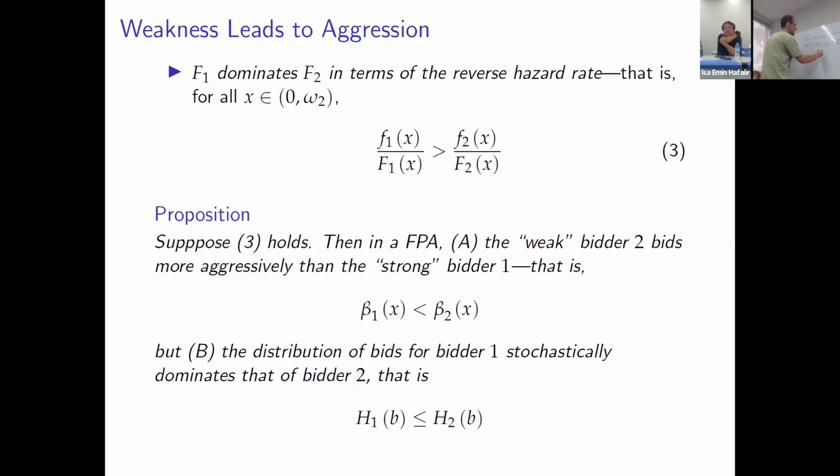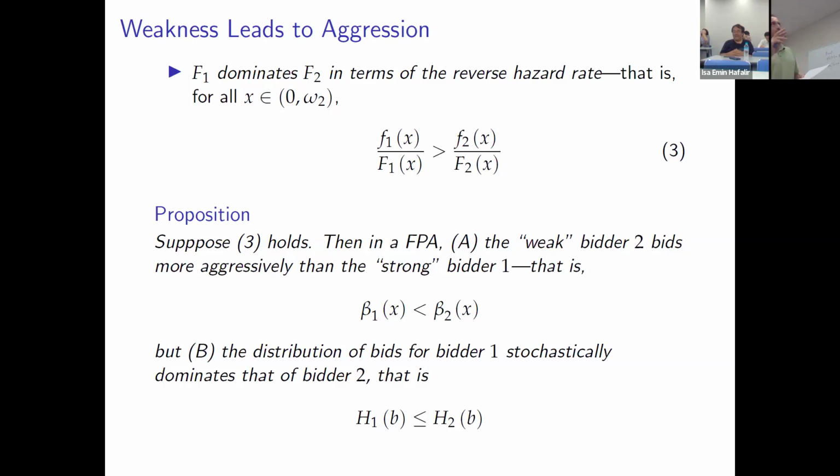Let's say they intersect at some point, and beta 1 is going this way and beta 2 is going this way. Can they ever intersect again? No, because for them to intersect again, beta 1 should be less steeper than beta 2. This never happens. This means that except for 0, they never intersect, and beta 1 will always be higher than beta 2. This means that for the same value, the strong bidder will be bidding higher than bidder 2, the weak bidder. Okay, this is the first part.